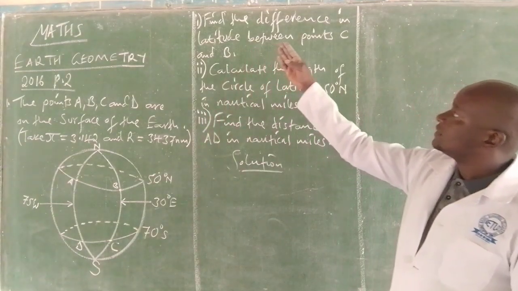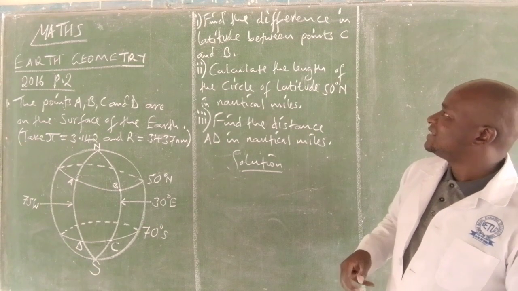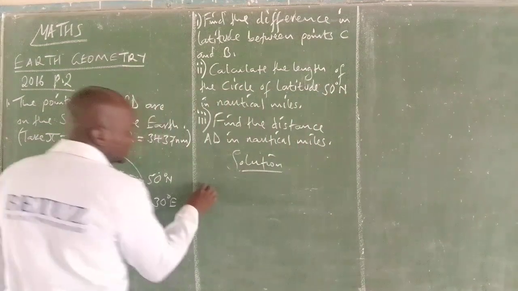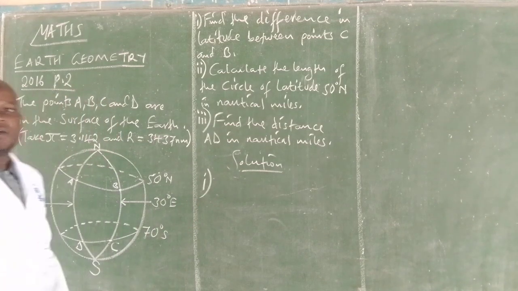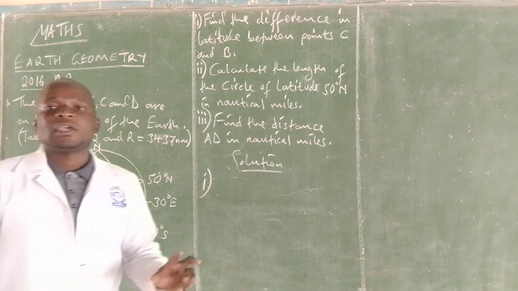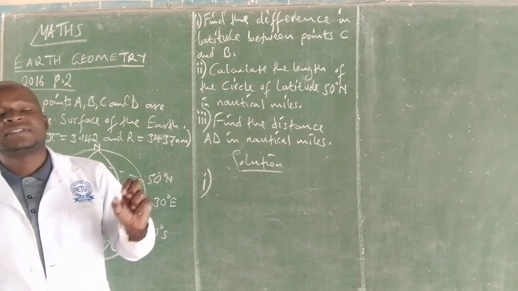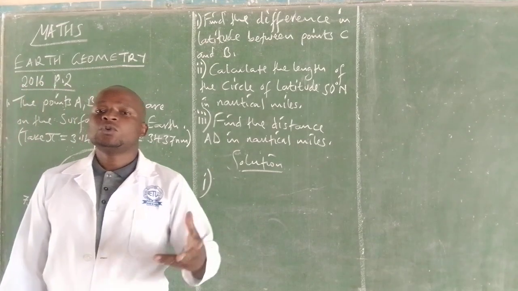The question says, find the difference in latitude between points C and B. So this is our question 1. Now, to find the difference in latitude between B and C, what is important here is to know the concept used when finding the difference between either latitude or longitude.